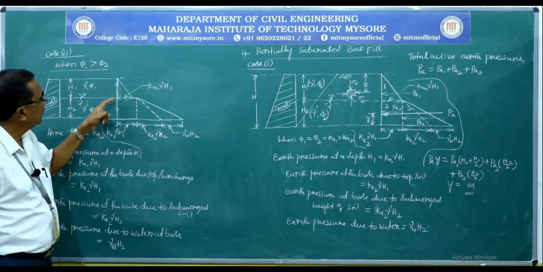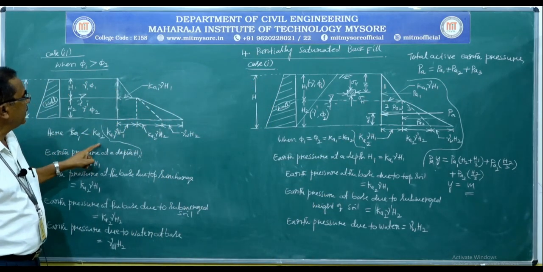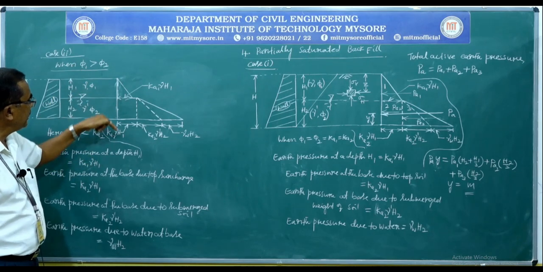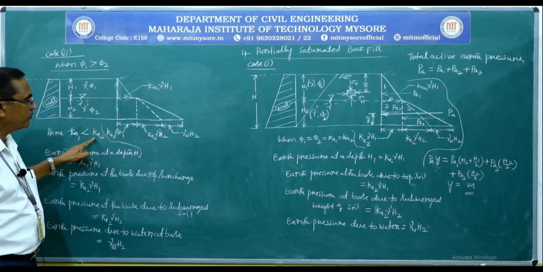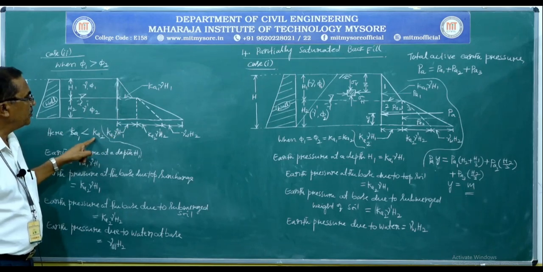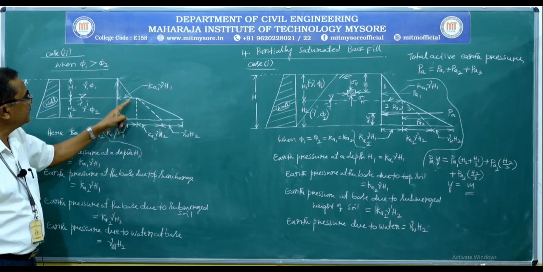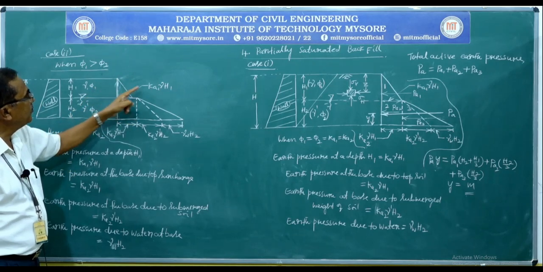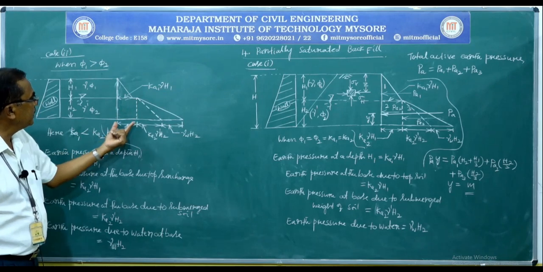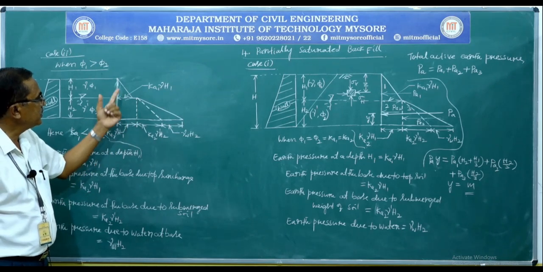Whereas here, since Ka1 is not equal to Ka2, with a decrease in the value of phi 2 there is an increase in the value of the coefficient of pressure Ka. As a result, there is an increase in the pressure due to this surcharge, that is gamma into H1 into Ka2, which gives us the increase of pressure at the base due to surcharge.